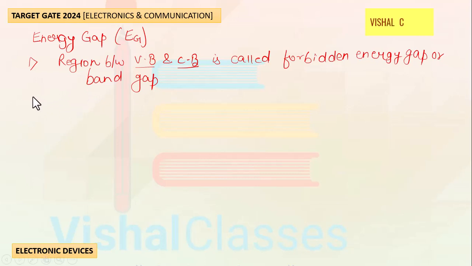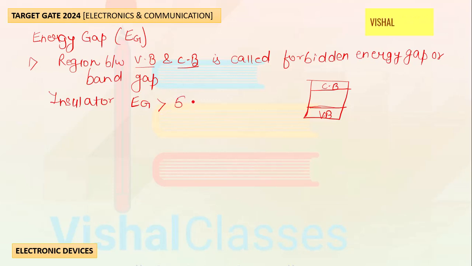And this band gap value, this is basically valence band, this is conduction band, and region between valence band and conduction band is forbidden energy band. This value for insulators Eg is greater than 5 electron volt.